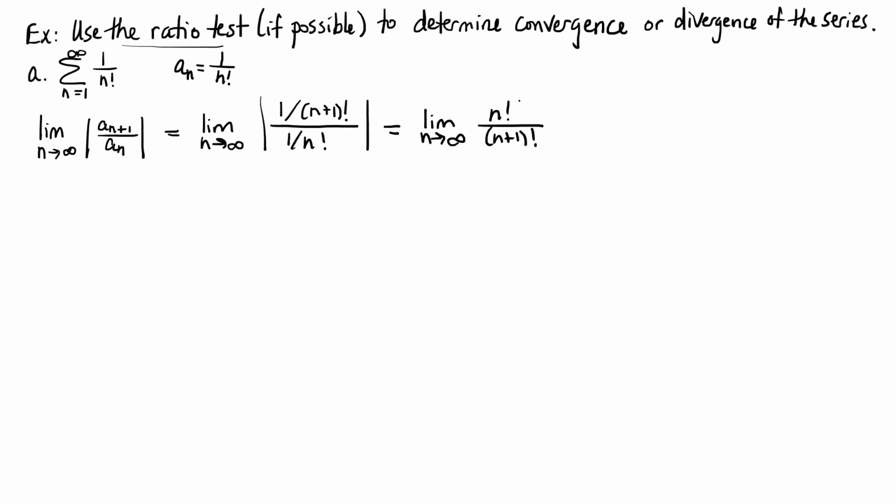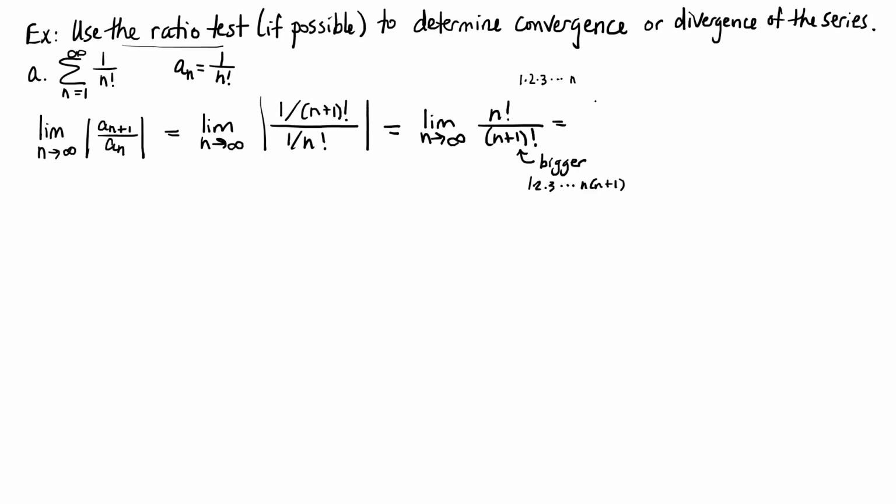Now, as we saw in the previous video, when you have a ratio of factorials, you want to think about which is the bigger product. The denominator in this case is bigger because it goes up to a larger factor. The numerator is just 1 times 2 times 3 all the way up to n, and the denominator is 1 times 2 times 3, goes up to n, but then goes one step further to n plus 1.